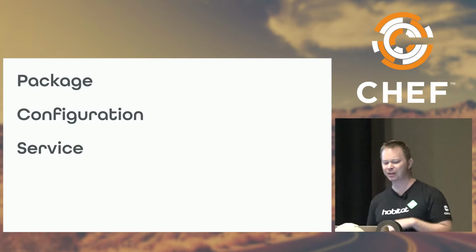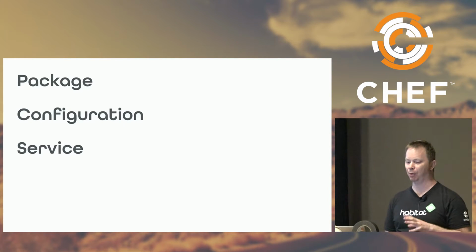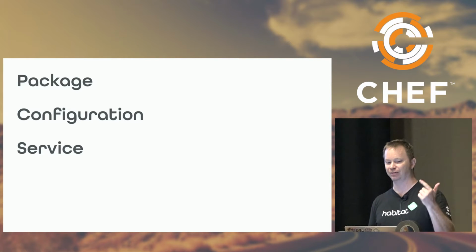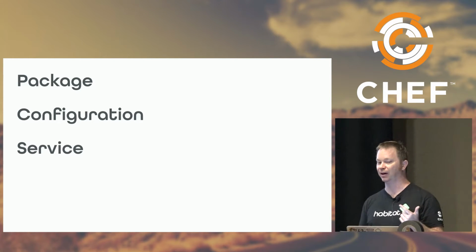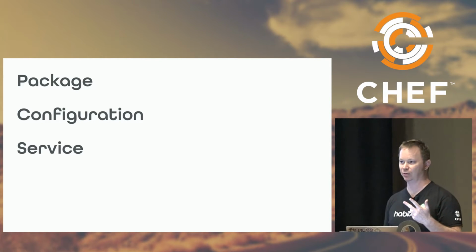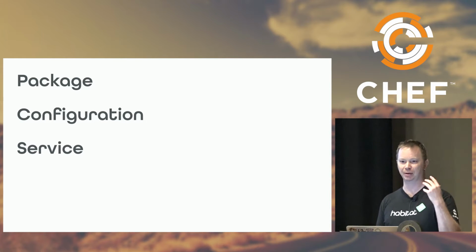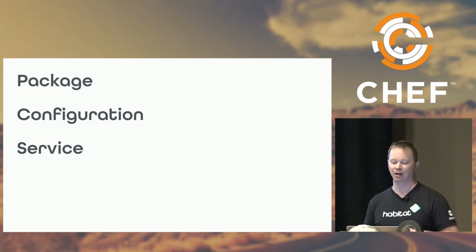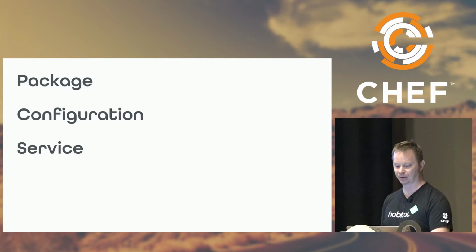But at the end of the day, most of the time, what we have when it comes to running our applications and running our infrastructure is the configuration management trifecta, right? You have a package, you have a config file, or 17 config files, and then you have a service, right? Your application runs as a daemonized service listening on port 80 or port 8000 or whatever it is, and then people can use it.